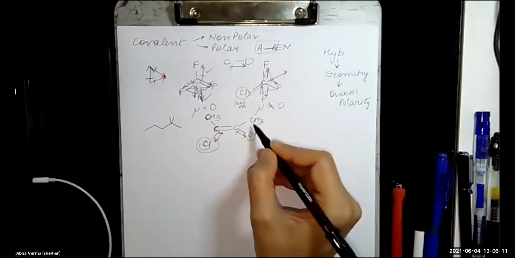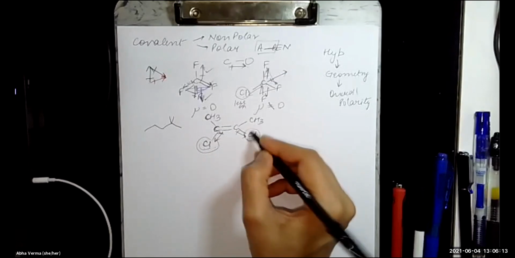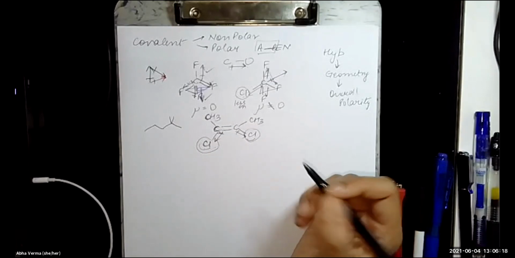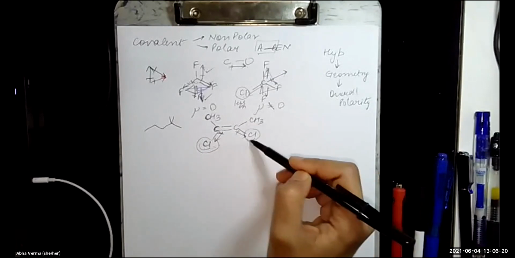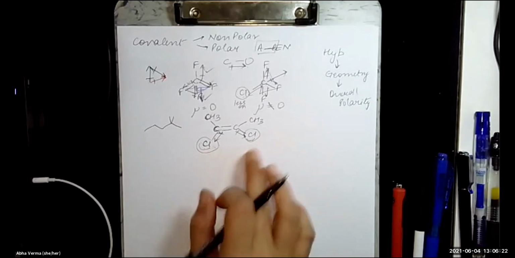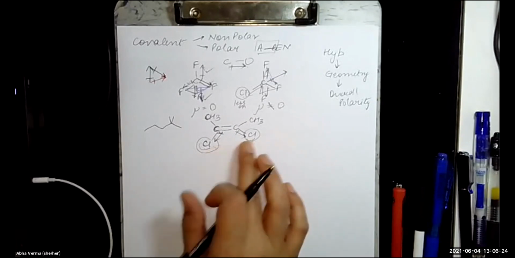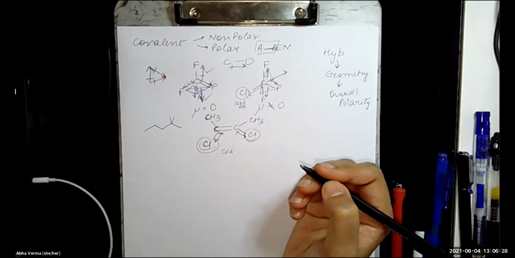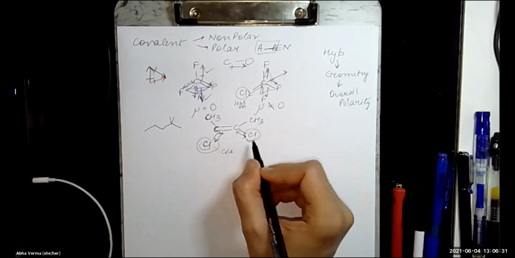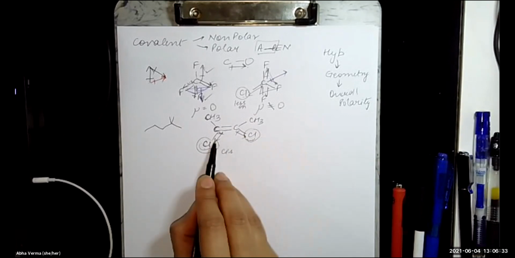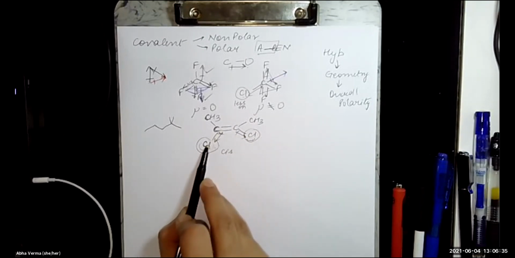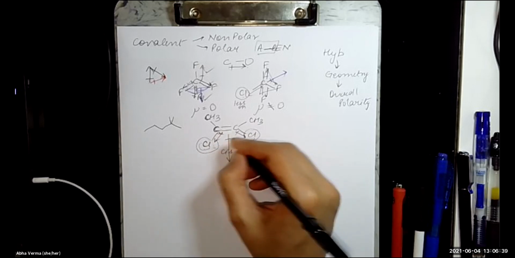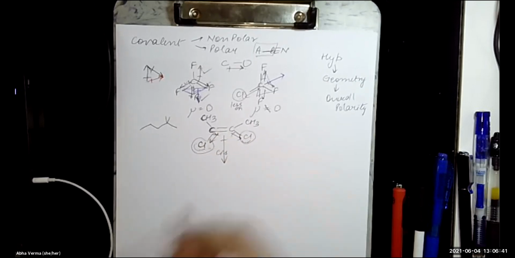On this carbon between Cl and CH3, Cl will be the priority because chlorine has the higher atomic number. And so both priorities are on the same side. We will label this as a cis isomer. Both these chlorines are going in the same direction, in the same area. So there is an overall resultant dipole.